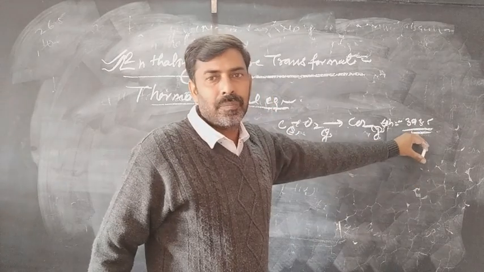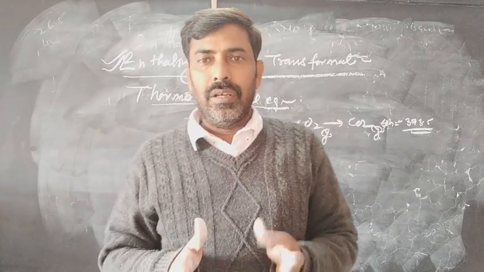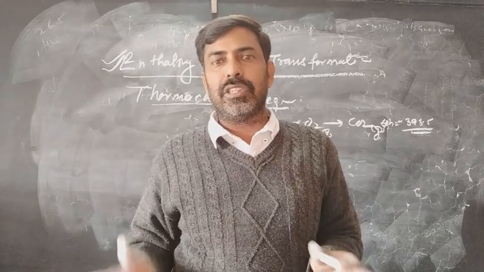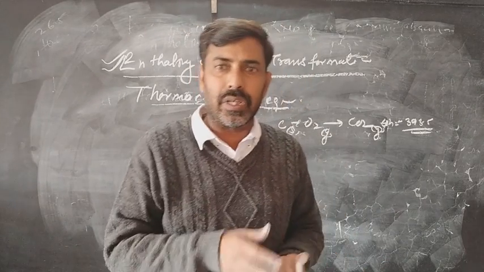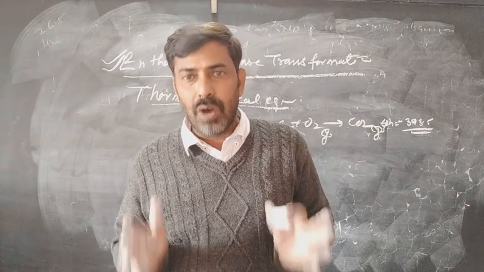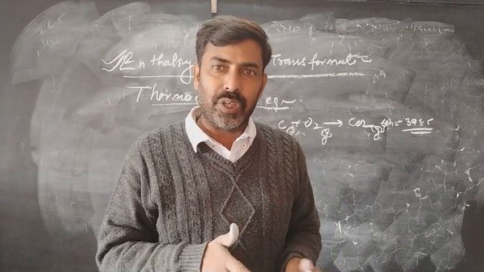So a chemical reaction is written along with the thermal change. Whatever thermal change occurs in a chemical reaction, if we represent it along with the reaction, then that chemical equation is now called a thermochemical equation.